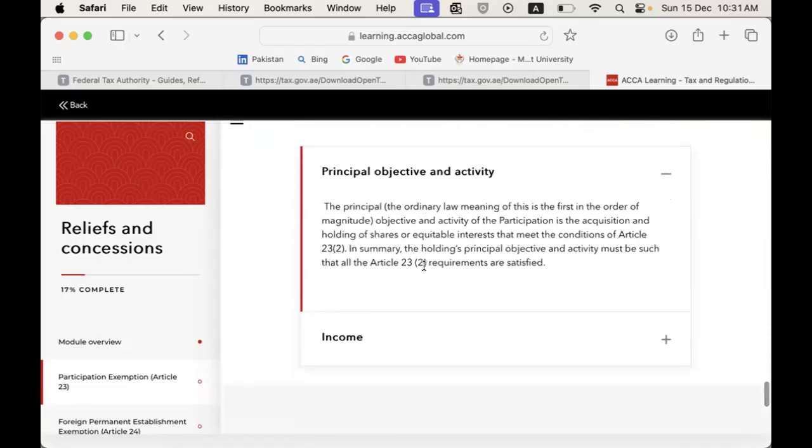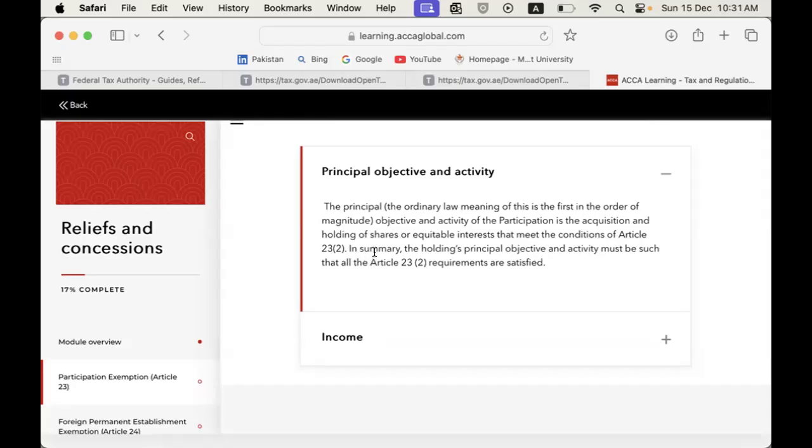Principal objective and activity. The principal, in the ordinary law meaning of this, is the first in the order of magnitude. The objective and activity of the participation is the acquisition and holding of shares or equitable interest that meet the conditions of Article 23.